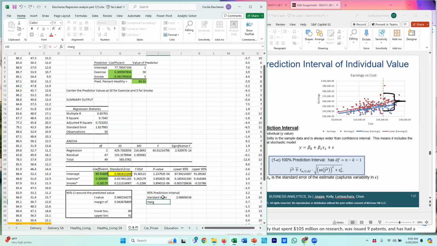And then the margin of error is going to equal the same t-value from the Student's t-distribution that we got for the confidence interval, but now we're multiplying it by this larger standard error. And then the lower and upper bound are going to be the same calculation. Let me just copy that over here.